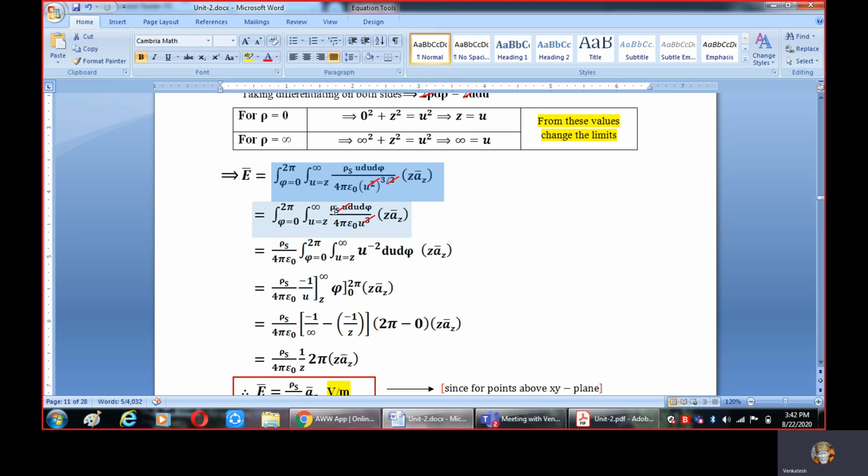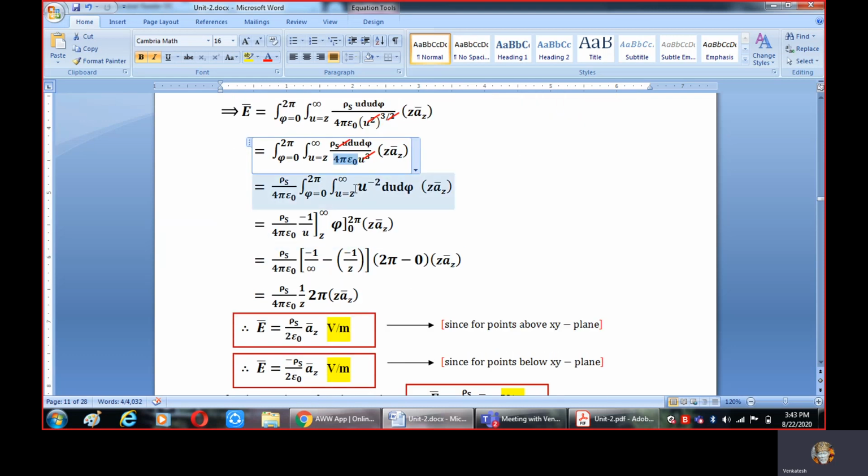Considering the rho s value and the 4 pi epsilon naught value as constants, I am writing them in front: rho s by 4 pi epsilon naught, integral 0 to 2 pi, integral u equal to z to infinity, u power minus 2 du d phi, z a z bar.